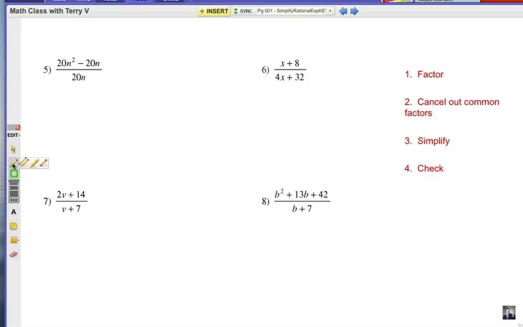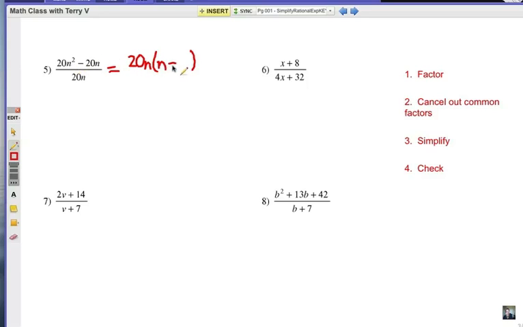All right, number 5. What we're going to do is factor out the top and the bottom. So, I look at 20n squared and the 20n, and obviously a 20 and an n can be factored out of that binomial. And so 20n squared leaves an n left over. 20n times n, if we use the distributive property, of course, gives me my first term.